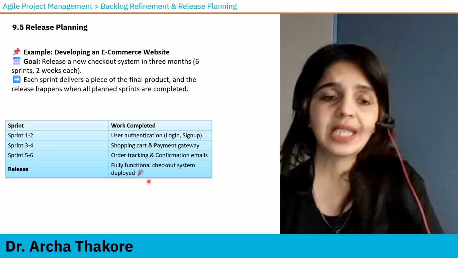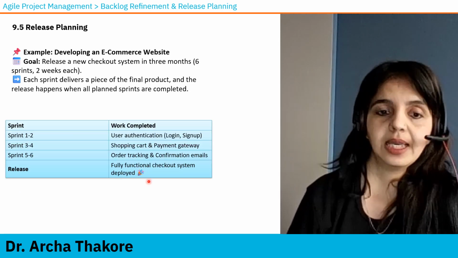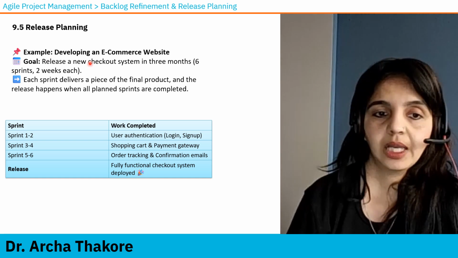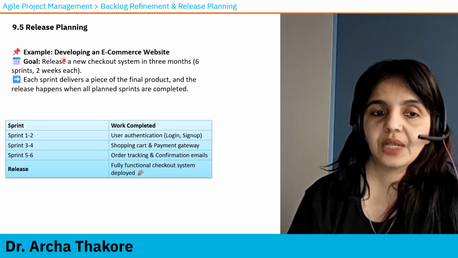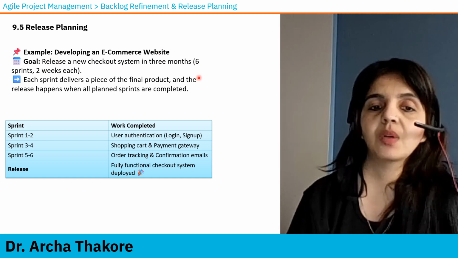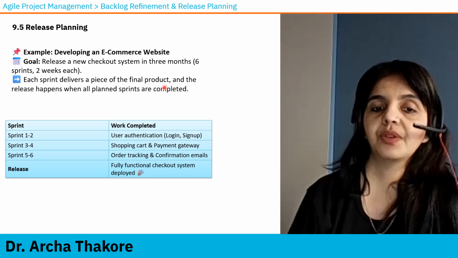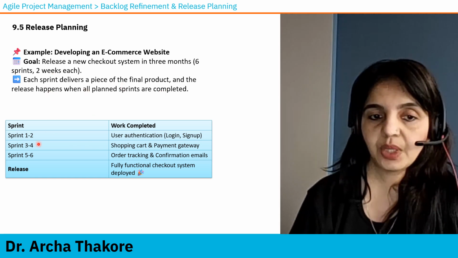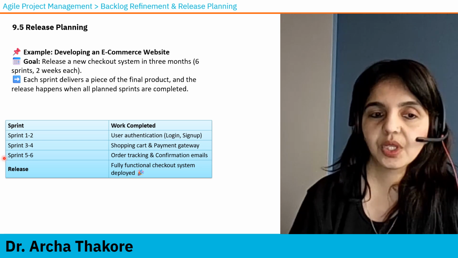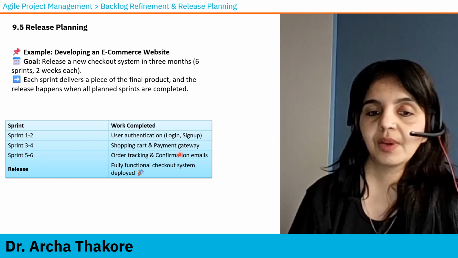Now I put a small example for you to understand. Say, for example, deploying an e-commerce website. So what is the goal? Release a new checkout system in 3 months. Now each sprint delivers a piece of the final product. Now you look here, in sprints 1 and 2, they developed one feature. Sprints 3 and 4, they developed another feature. Sprints 5 and 6, they developed another one.